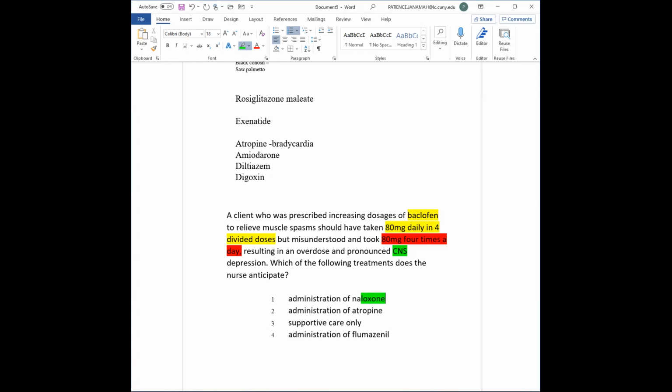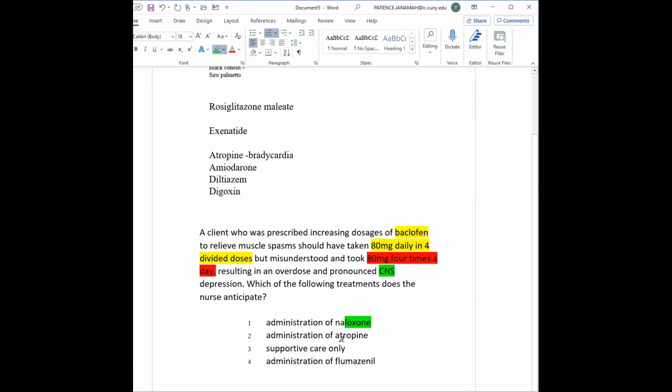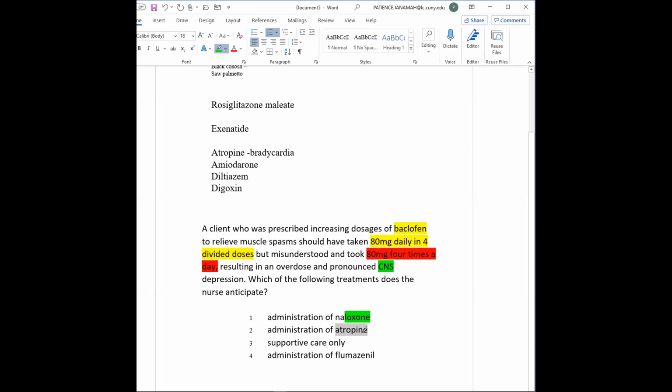But you cannot conclude that atropine will help with respiratory rate or heart rate, because they didn't mention any heart problem. They said central nervous system. Atropine will not work. Naloxone is for opioids, and this one is not an opioid.